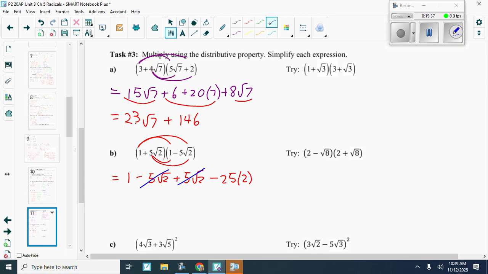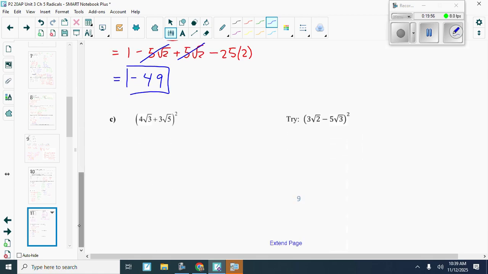So these 2 will drop out, and then we're left with these beautiful whole numbers. Our radical sign completely disappears, right? It completely leaves. So we have 1 minus 50, so that gives us negative 49 as our answer.